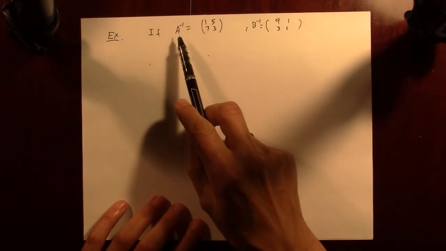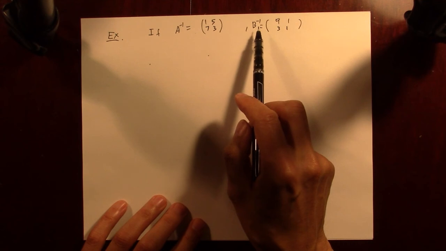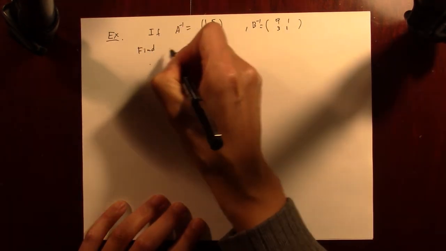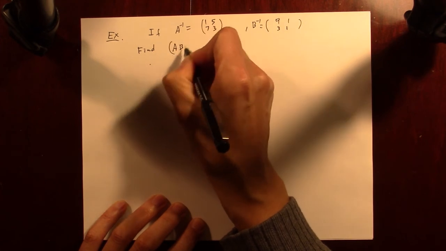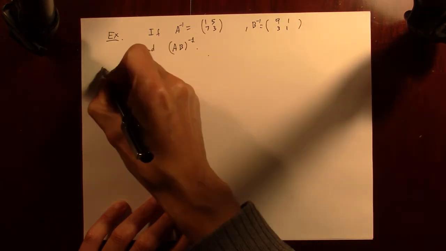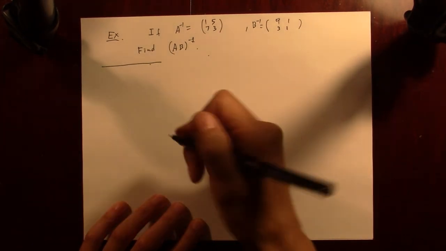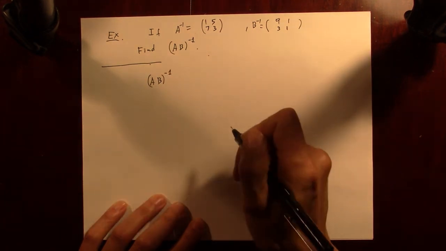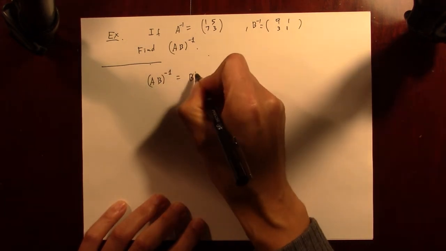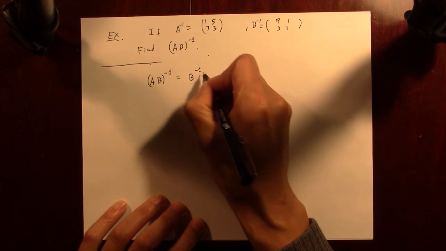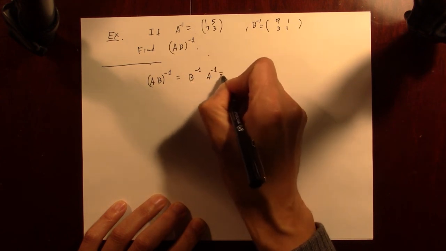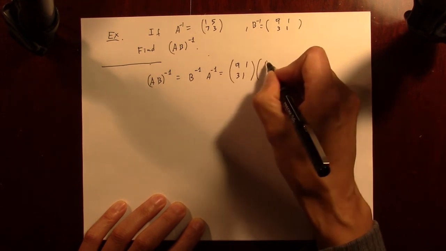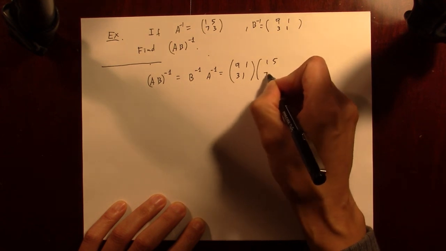If we know that A inverse equals [1 5; 7 3], and B inverse equals [9 1; 3 1], find the inverse of A times B. According to our previous example, the inverse of A times B equals B inverse multiplied by A inverse, which equals [9 1; 3 1] multiplied by [1 5; 7 3].